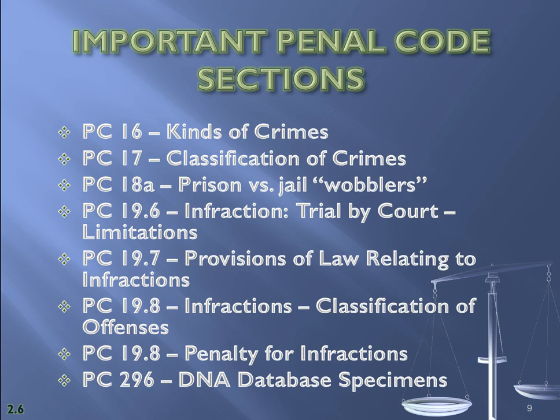Now, here's an important section, and we'll talk more about this later. Penal Code 298.1 subsection B subsection 1 talks about the authority of officers to use reasonable force to collect a specimen from those who refuse to provide them. Of significant importance, the U.S. Supreme Court has ruled that as part of a routine booking process for serious offenders, officers may take what they call a buccal swab, or a cheek swab, for the DNA database.